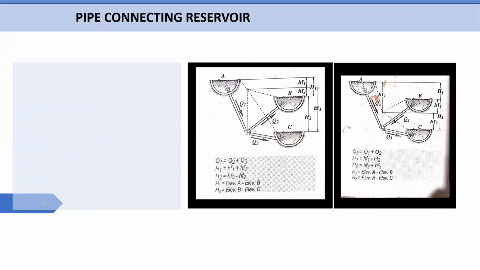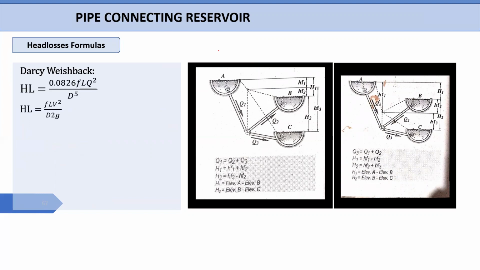So next is our pipe connecting reservoirs. The head loss formulas here: Darcy-Weisbach is equal to 0.0826 f, or our friction, times length times discharge to the power of 2 over D to the power of 5, or f L V squared over D times 2 times g.